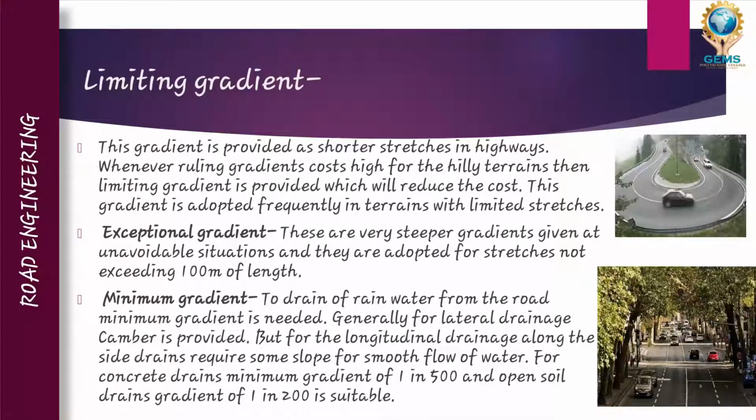Generally, for lateral drainage camber is provided, but for longitudinal drainage along with the side drain requires some slope for the smooth flow of water. For example, for a concrete drain, minimum gradient is 1 in 500, and for open soil drainage a gradient of 1 in 200 is suitable.